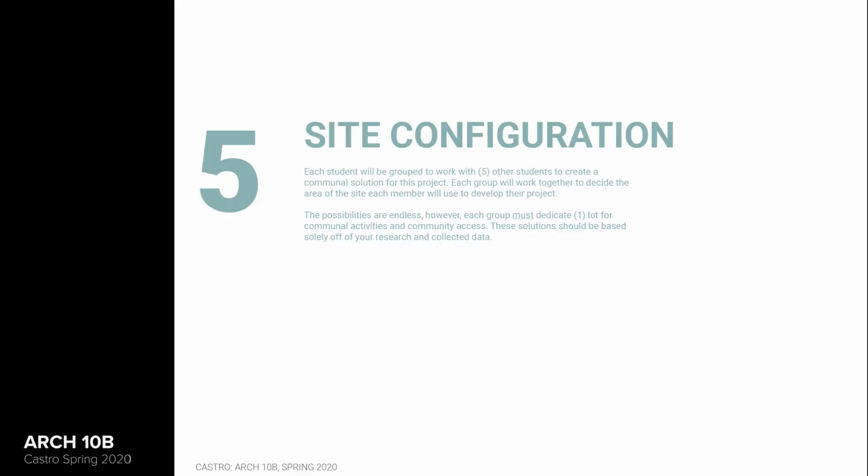And so here's a little bit of the plot twist, right? So number 5, the site configuration. I mentioned earlier that the communal space was going to vary depending on what the group chose as the communal access or community space. And so what does that mean? That means that each of you will be grouped to work with 5 other students and create a communal solution for the project.